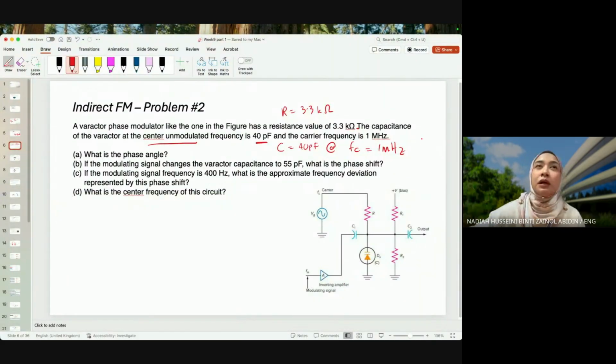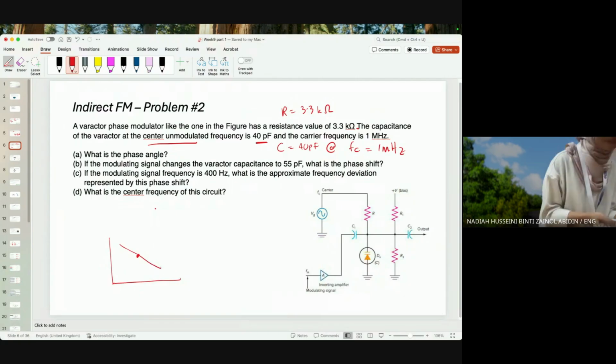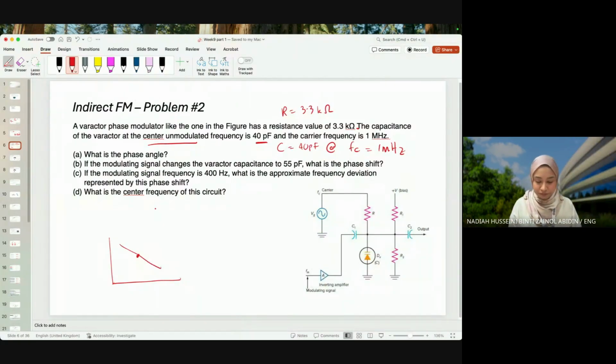So if we were to make sense of this, it would look something like this. Capacitor on the right. So this is the capacitance value, C, and this would be F. So here it's saying C is 40 picofarad at FC.